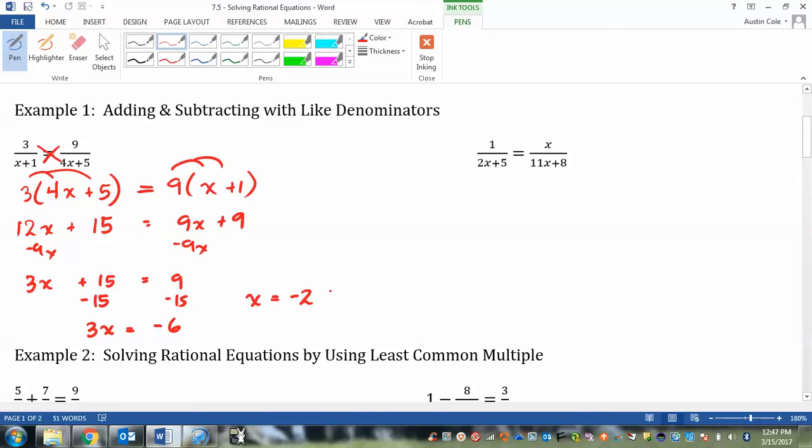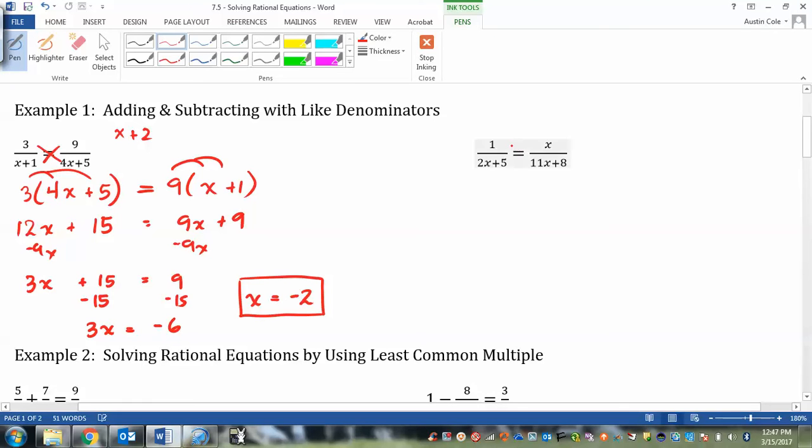For example, if I had x plus 2 in my denominator here, well, negative 2 makes that 0, doesn't it? So we would have to omit that, call it an extraneous solution, and in this case there would be no real solutions. But since it doesn't make our denominator 0, negative 2 is our answer. So when you're done here, just go up and check: is that going to make any denominator 0? If not, there's our answer. If so, then we'll have to omit it.